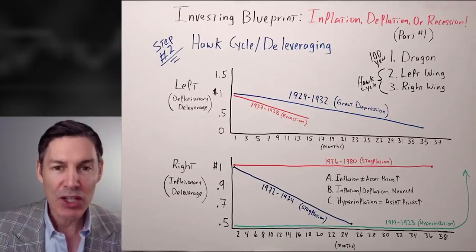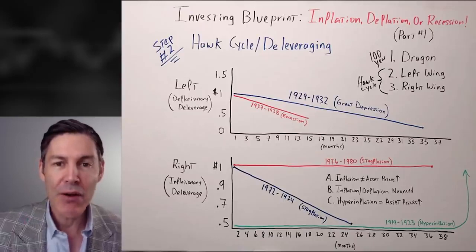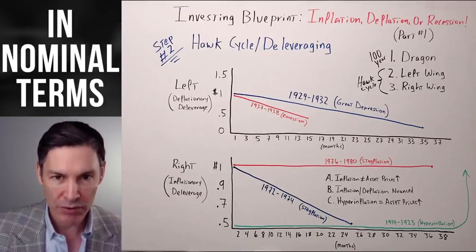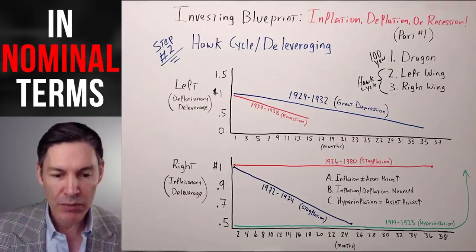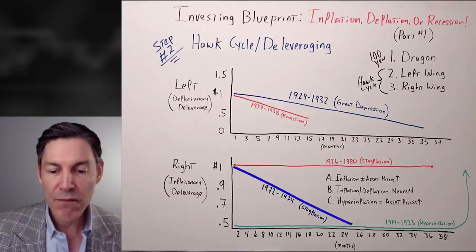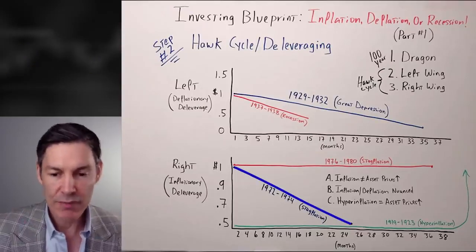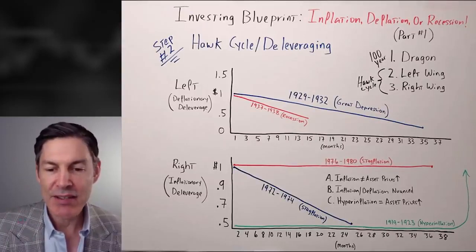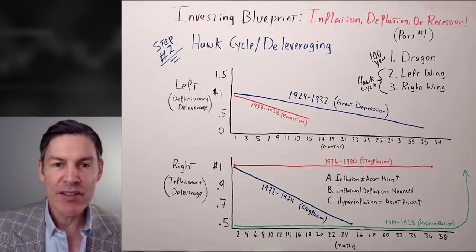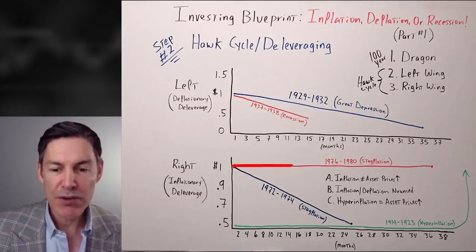So inflation in the United States running at 6, maybe 7%. The stock market went down in nominal terms, not inflation adjusted, nominal terms by almost 50%. And even in the stagflation between 1976 and 1980, the stock market was pretty much flat.